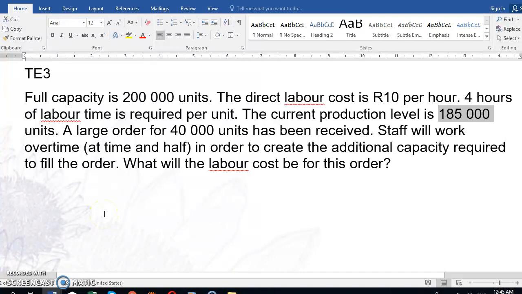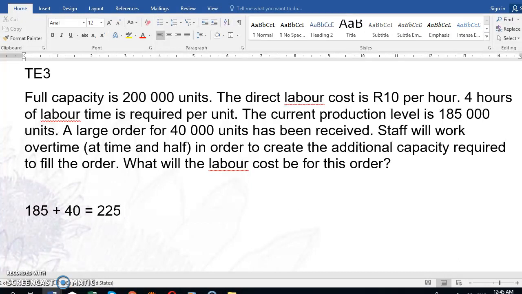But here there's an extra order of 40,000. So 185 plus 40 will take you to 225, and remember, we are limited in terms of normal time to 200. So 25 must be overtime.